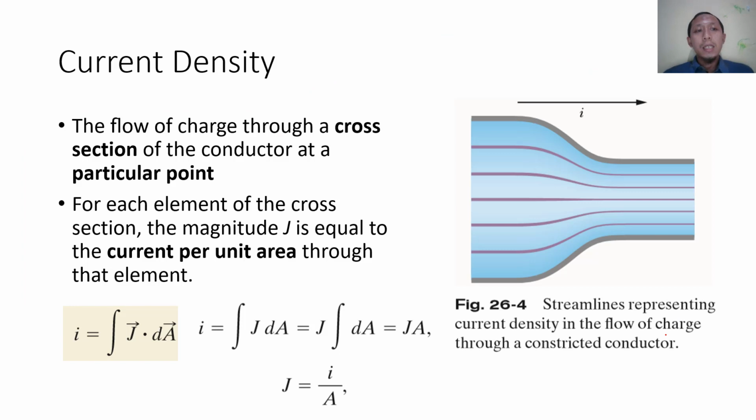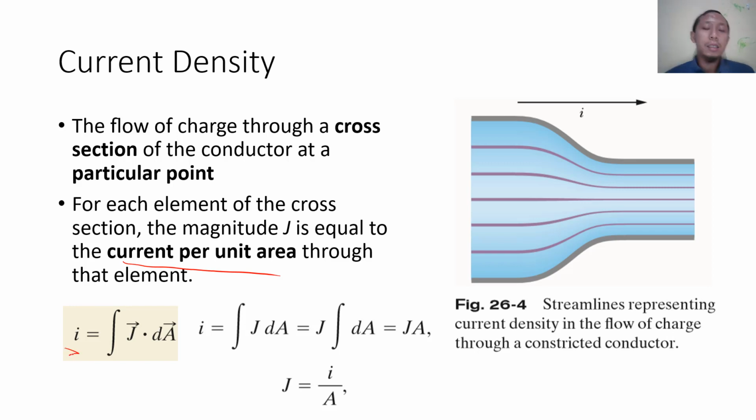And then what is the current density? It is the flow of charge through a cross-section of the conductor at a particular point. For each element of the cross-section, the magnitude of J is equal to the current per unit area.